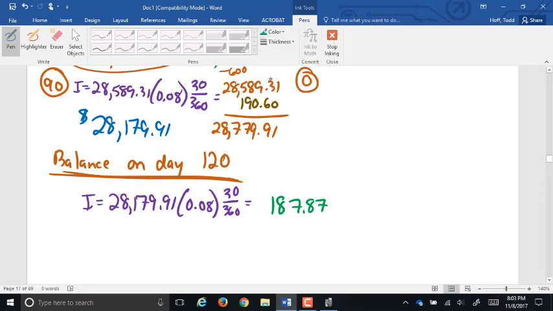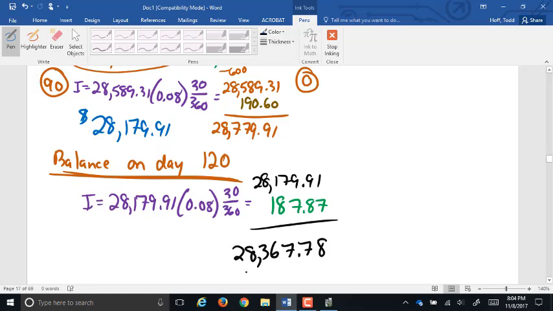Perfect. We add that to 28,179.91. $28,367.78 is the balance on day 120.